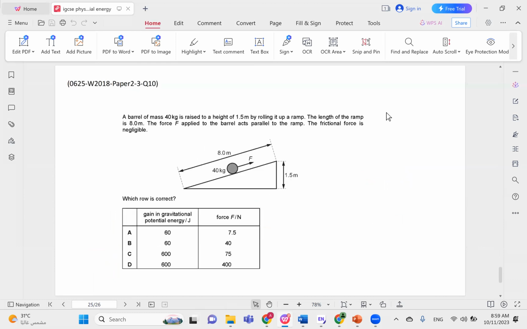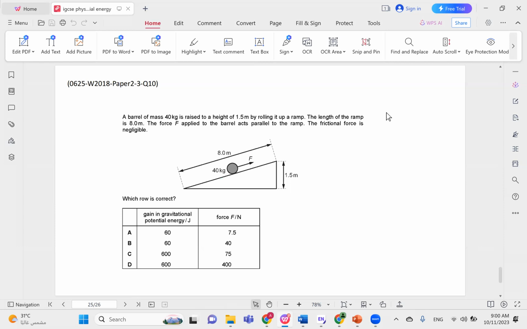A barrel of mass 40 kilograms is raised to a height of 1.5 by rolling it up a ramp. The length of the ramp is 8. The force F applied to the barrel acts parallel to the ramp. The frictional force is negligible. Which row is correct? So this is a combination of two concepts.